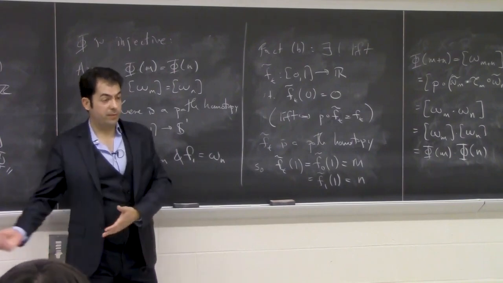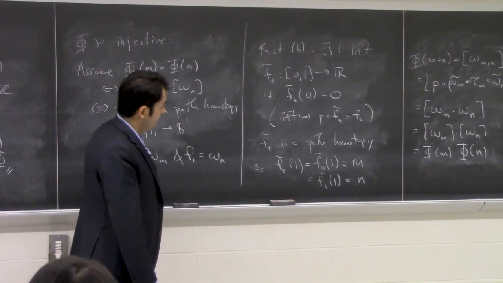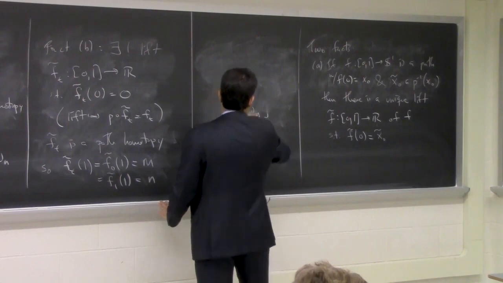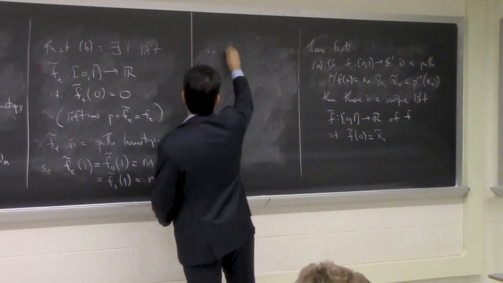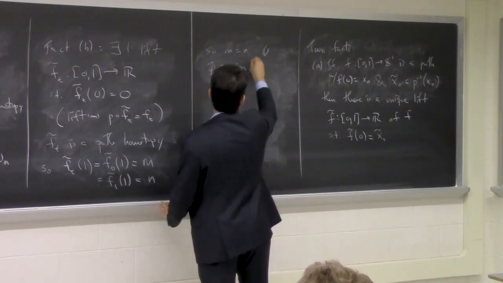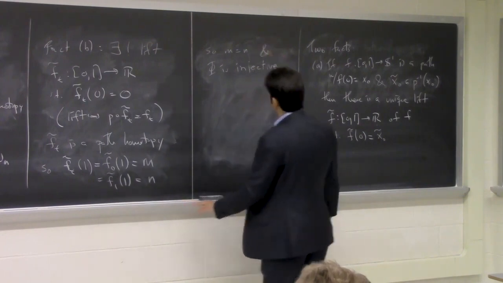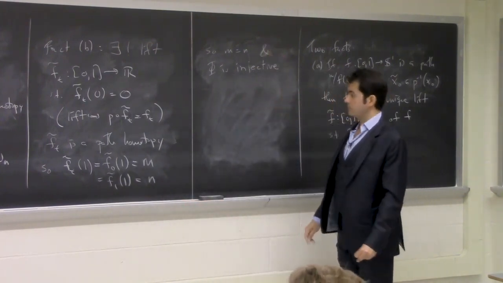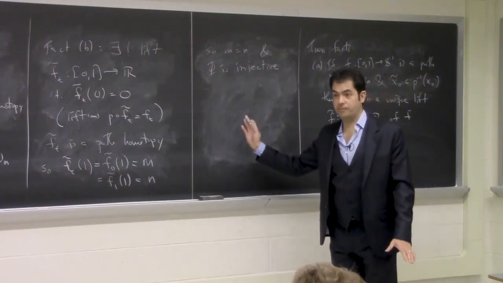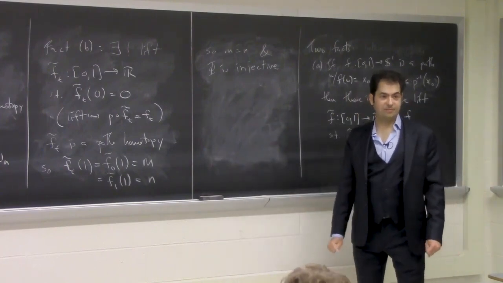Because that's where any lift of omega n tilde ends. So m is equal to n, and phi is injective. Okay, so given these facts, we have the proof. Okay, questions?